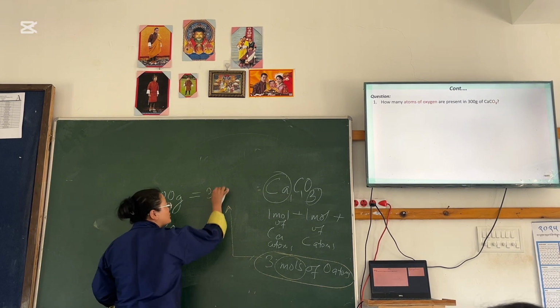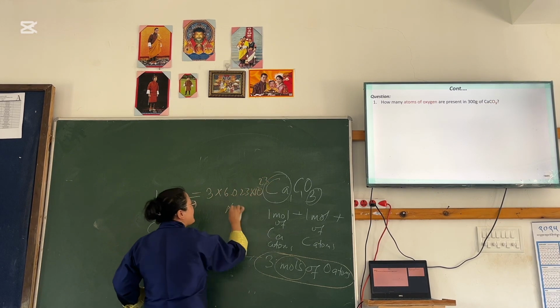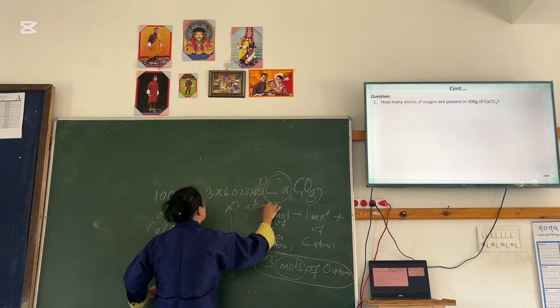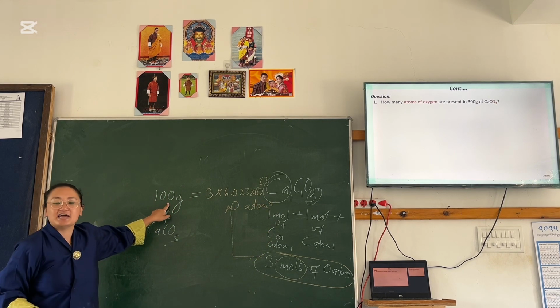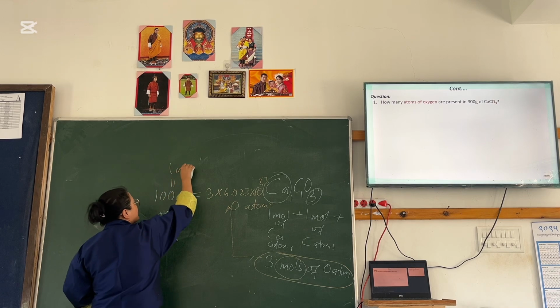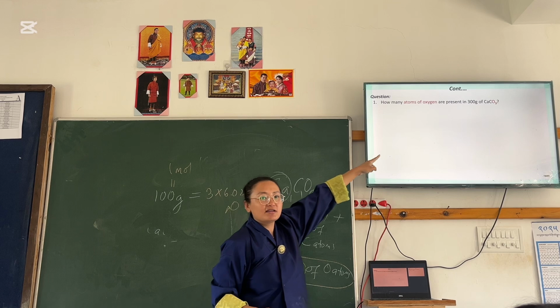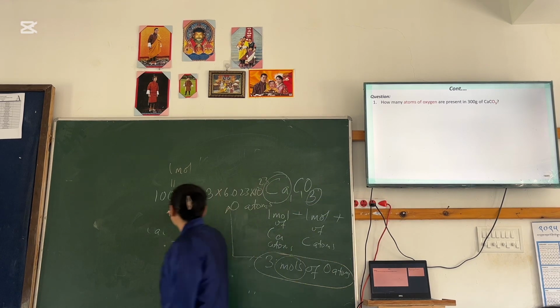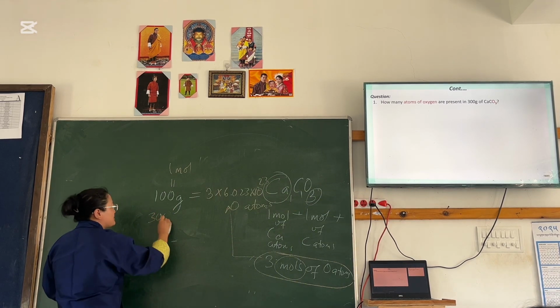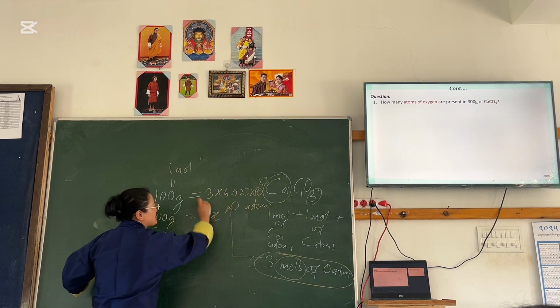So 3 into Avogadro's number of oxygen atoms are present in 1 mole of calcium carbonate, meaning 100 grams. The reason I changed this to mass is because mass is given there. Instead of 100, we have 300 grams of calcium carbonate. So how many oxygen atoms are present here?